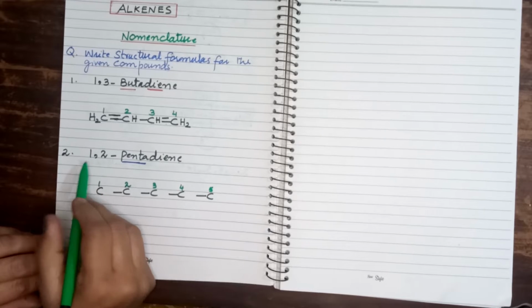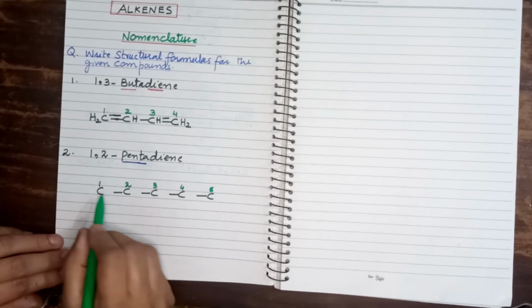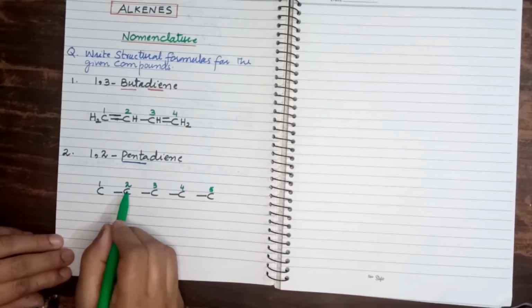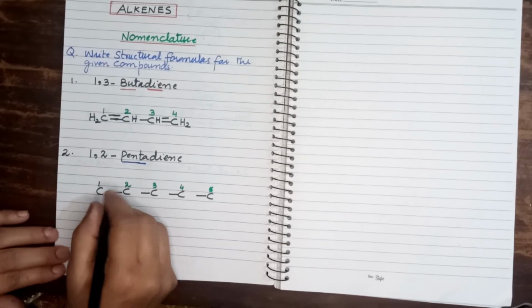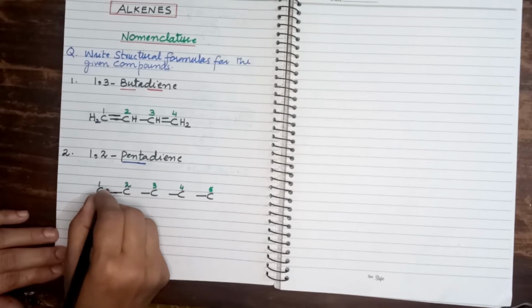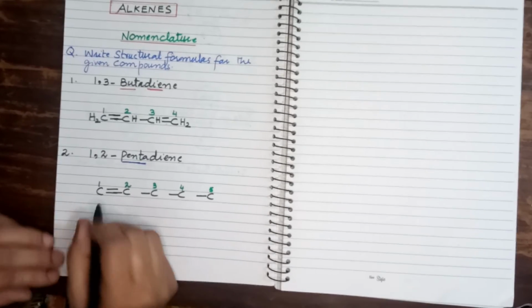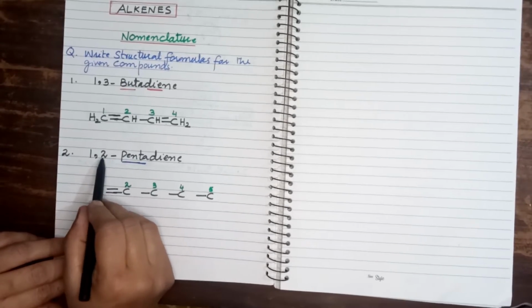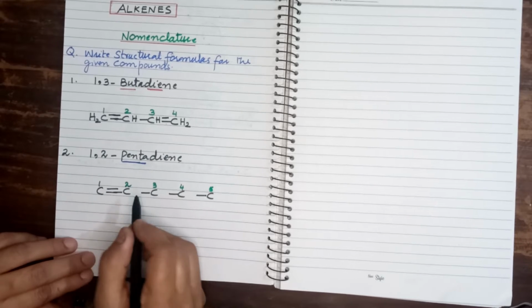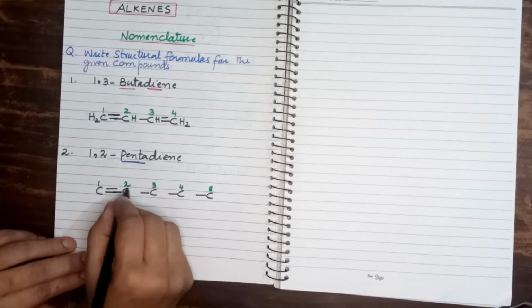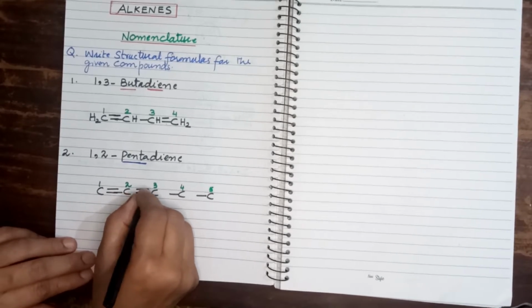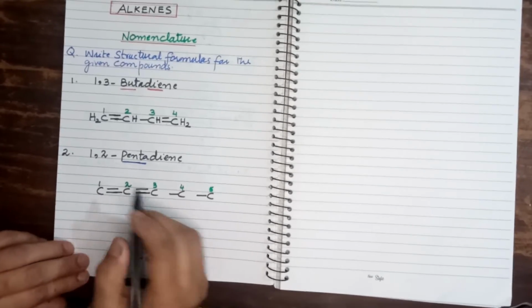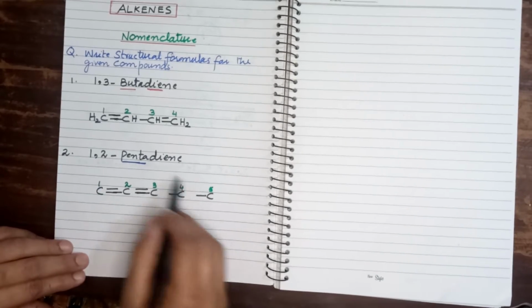Position 1 shows the first double bond is present between carbon number 1 and carbon number 2, so we make the first double bond here. 2 shows there is a double bond between carbon number 2 and carbon number 3, so we make the second double bond over here. Now this is the skeleton of the given molecule.